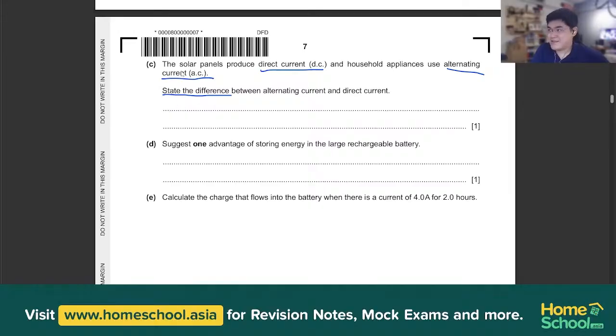So a direct current, a DC, right? The current only moves in one direction. So let's write that down. Oh my goodness, what happened to my handwriting today? So sorry. Let me just try and write this properly.